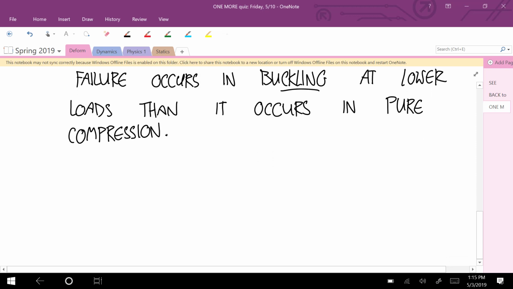So the first example we're going to look at is a thing that we're going to treat as being pinned at the ground and then pinned up at the top. You can think of this as two pin joints, and these are rollers.